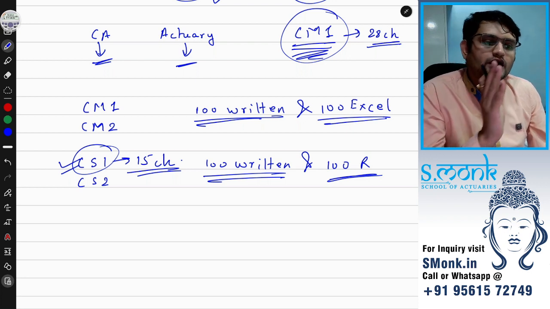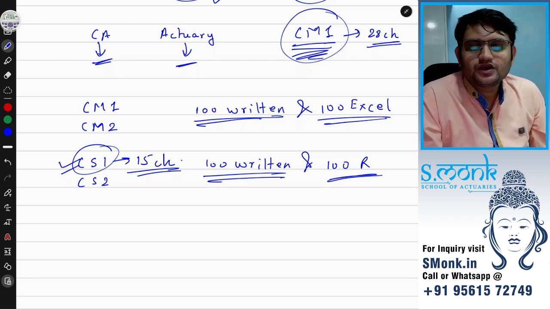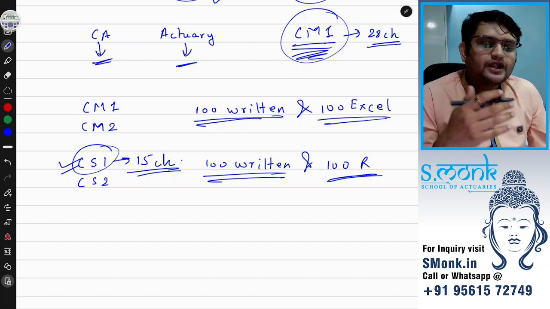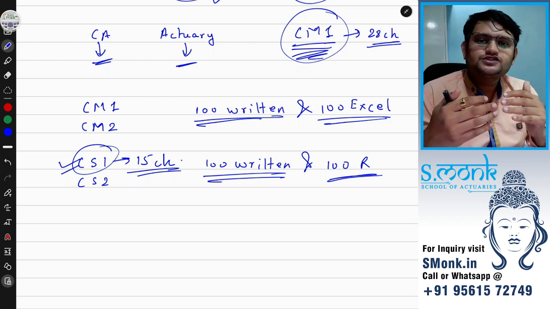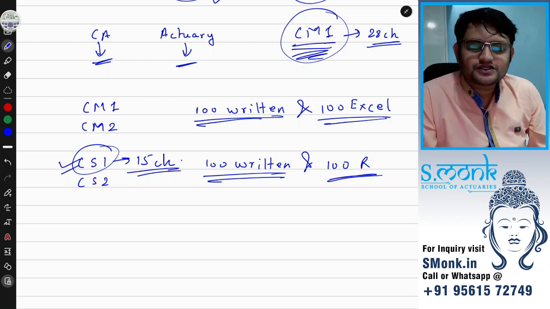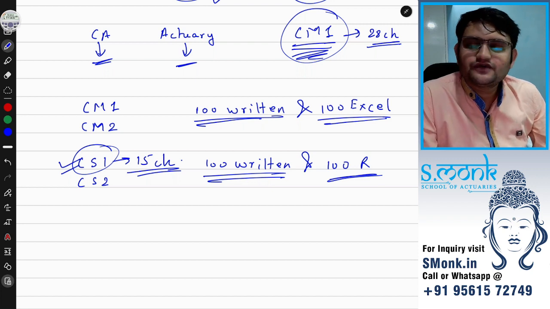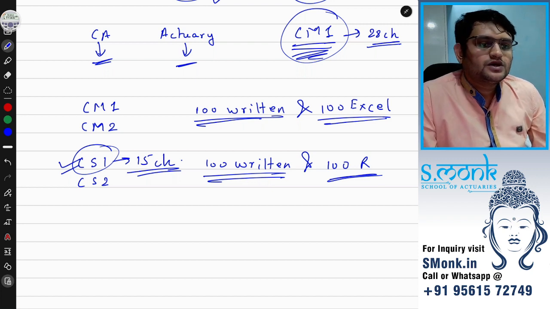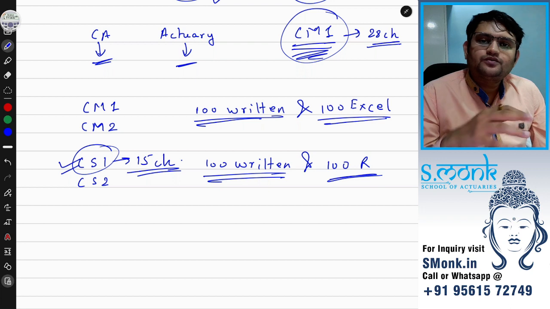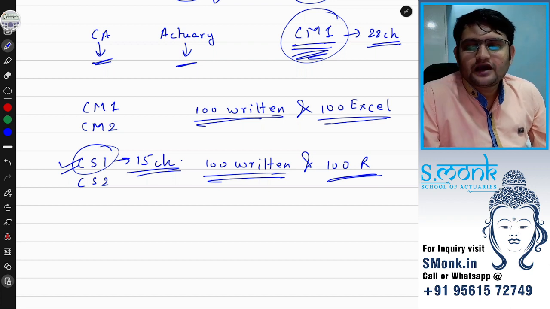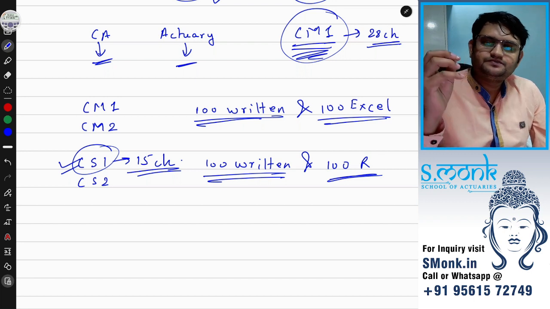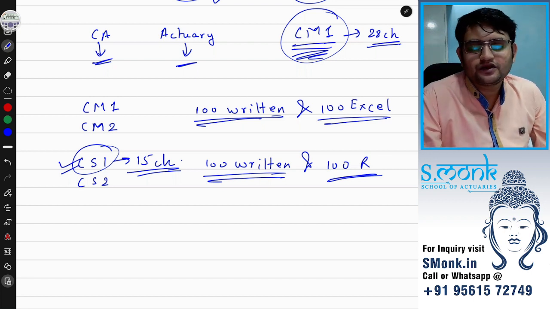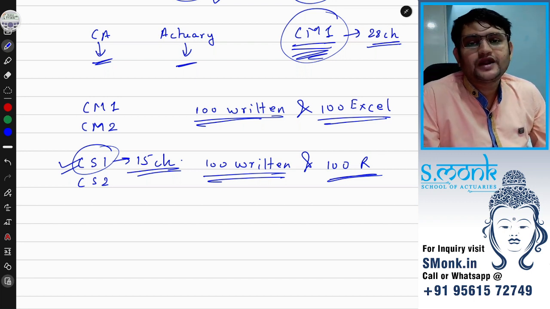So if you are right now giving, in your college and are not a graduate, then I would suggest work on your mathematics first, then start with CM1, CS1. Of course, you can start with CB1, CB2, no problem. Especially if you are from the commerce background and you already have the knowledge. But for the job perspective, those do not provide any addition.